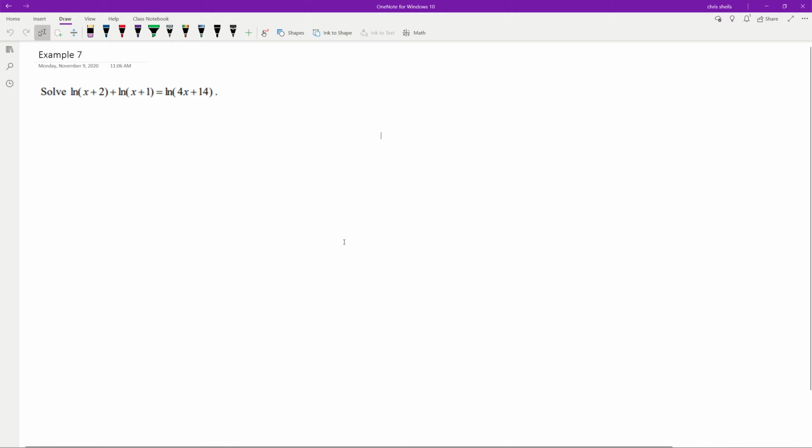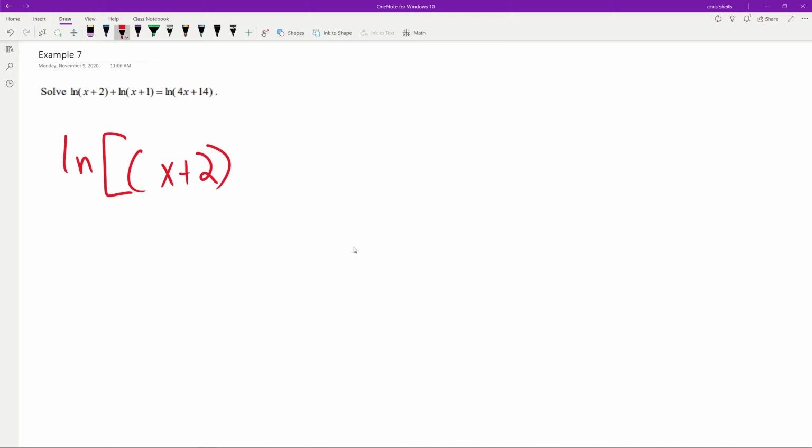Next example here. The first thing that we want to do is use our sum of logarithms property on this left-hand side. If I'm adding two logarithms and they have the same base, then I can combine these into one logarithm, where the operation on the inside is multiplication.